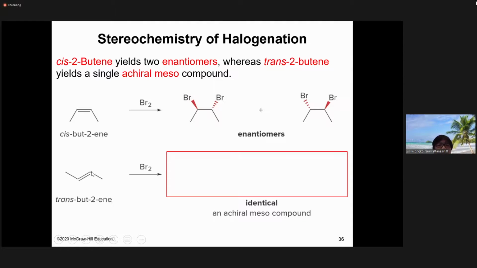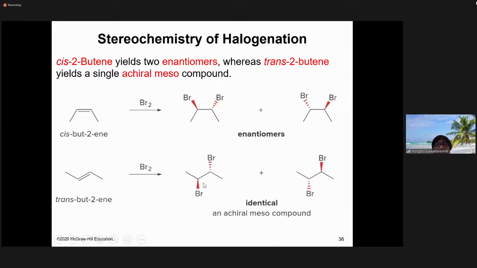If you start from trans, you get also two structures here, but these two structures are the same, right? Because it has a, do you know what kind of symmetry it has here from the drawing?